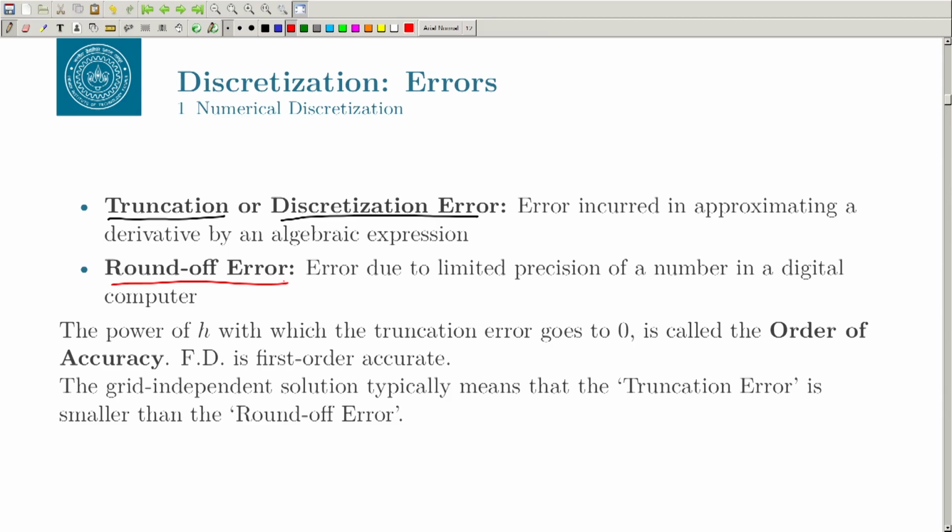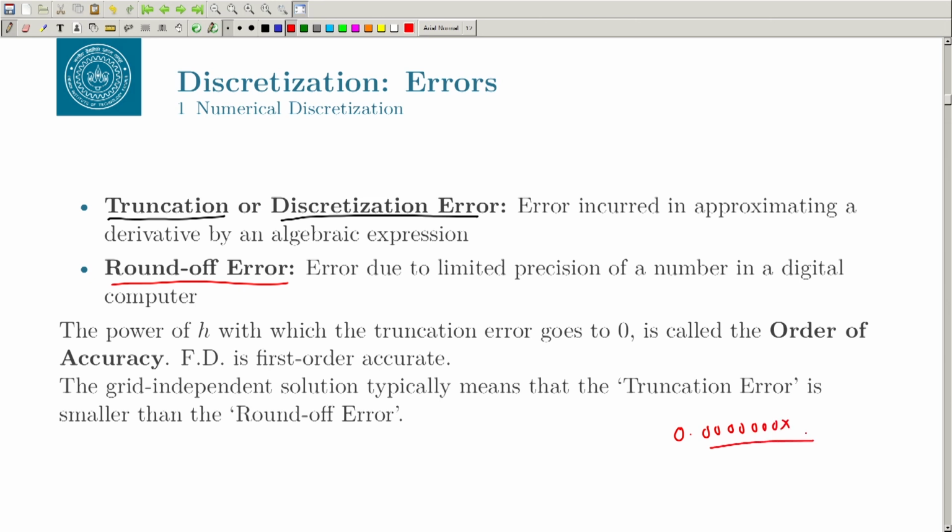The round off error is because you have limited precision of your number. You might be using single precision, which takes 4 bytes, and you get an accuracy of 8 digits after the decimal point: 1, 2, 3, 4, 5, 6, 7, 8.